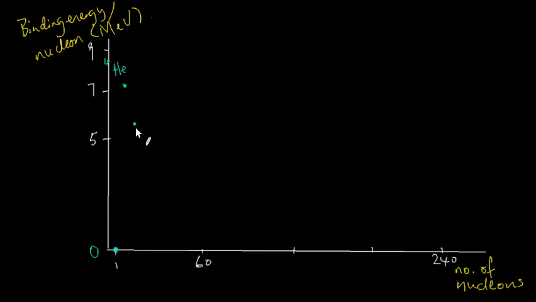Then it sort of goes up again. There are a few more elements which I'll skip. I'm just going to go straight to carbon. Let me write down lithium here. So that's lithium. Carbon is somewhere here, sort of less than 9. That's carbon 12.